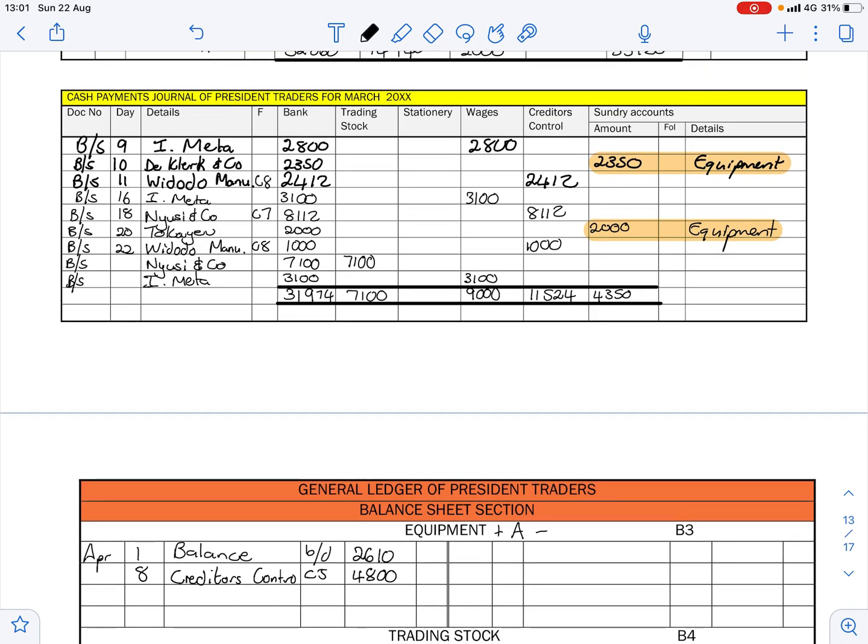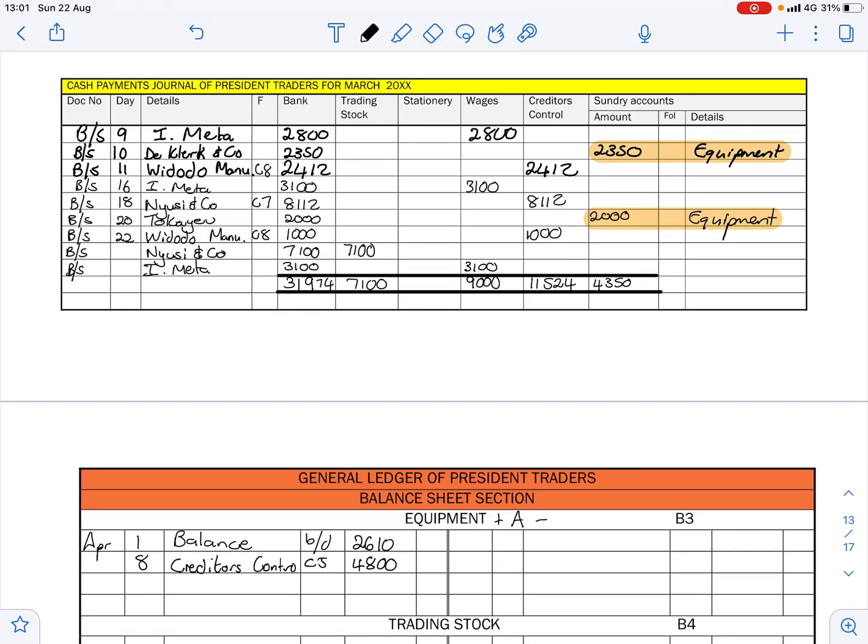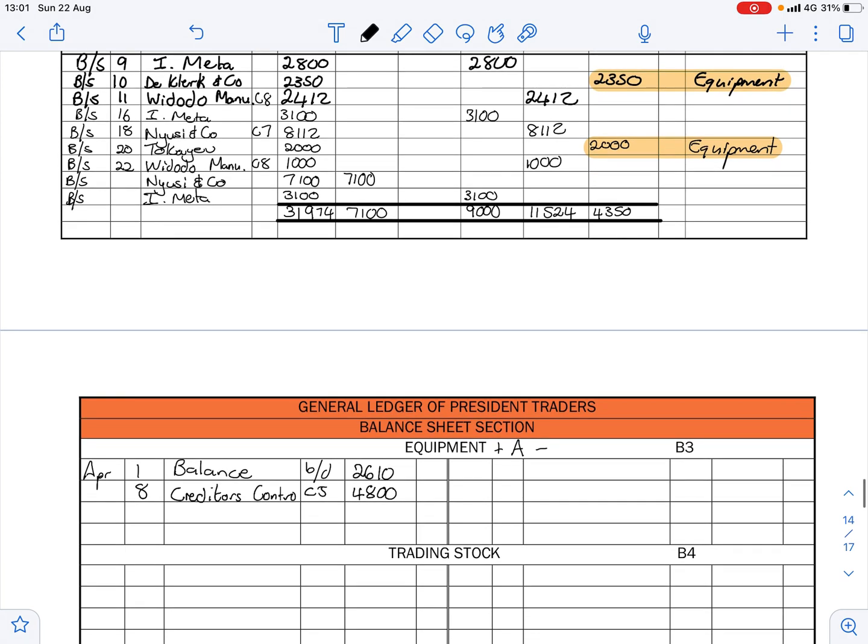We can then go in on the 10th and the 20th respectively, so let's do them separately.